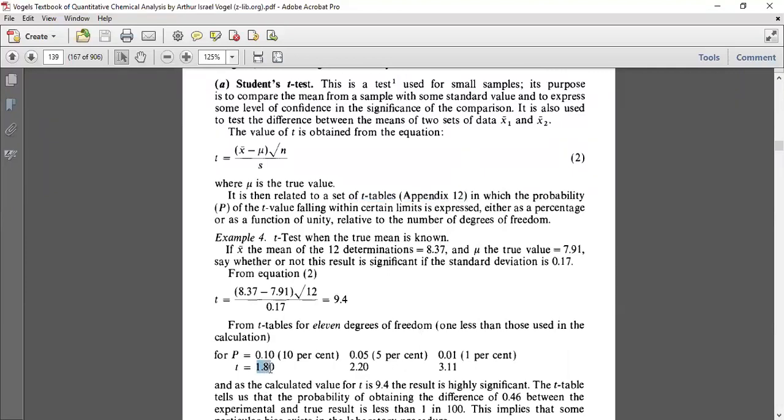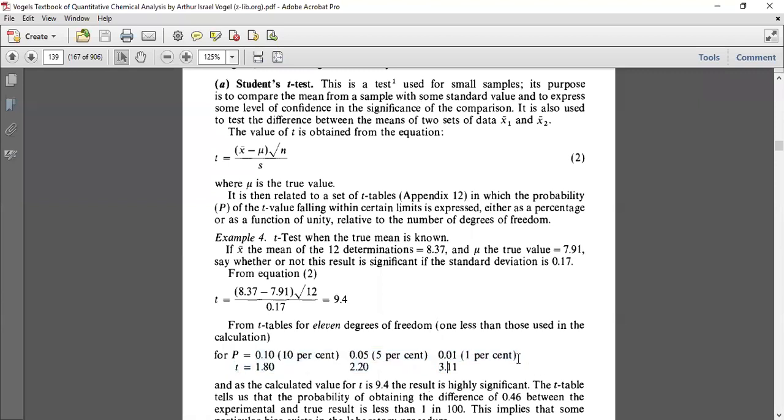This probability 1.80, 2.20, and 3.1 at these three brackets, 10%, 5%, and 1%. So that value we are using as a standard one. We are not calculating it. So that value we are using as a standard. That is for the t-test, right?